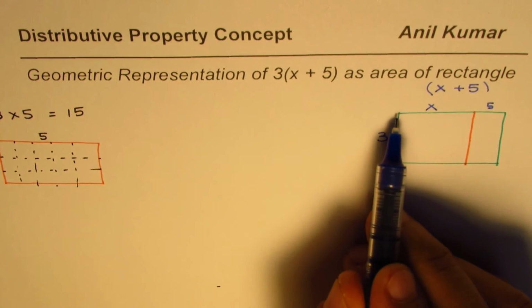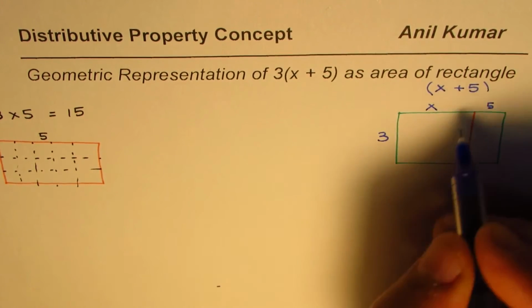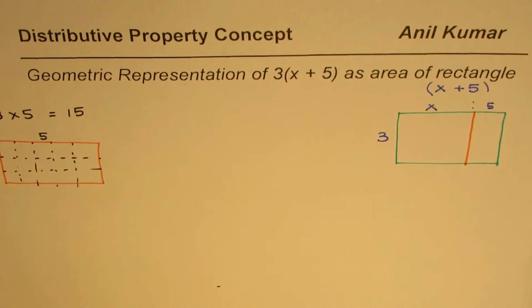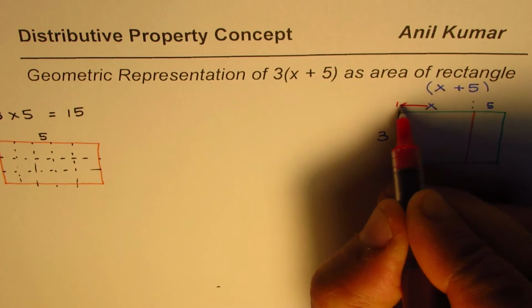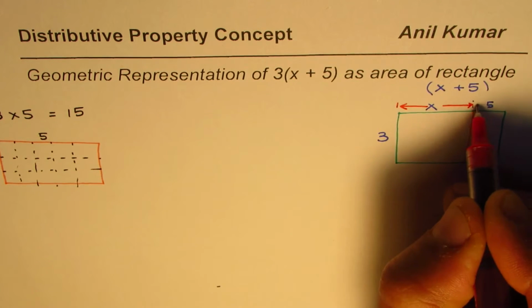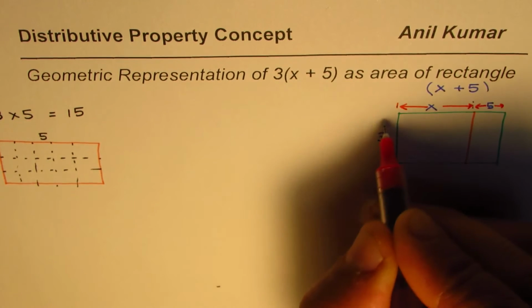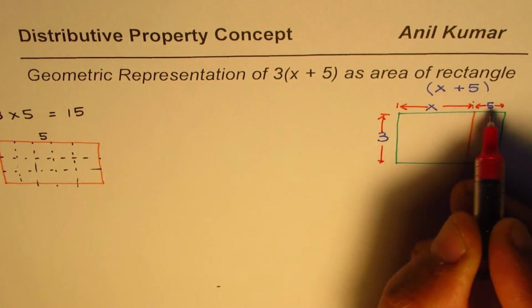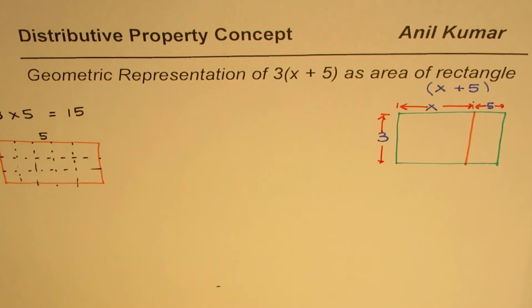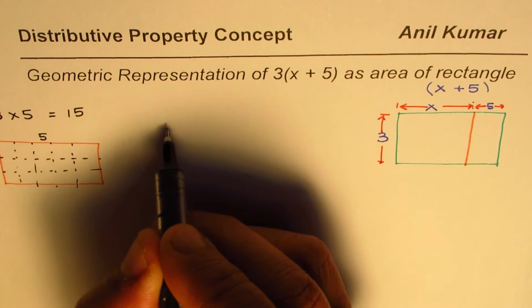So split the length into 2 so that one part of it is represented by the variable x, the other one by the constant 5, correct? So what we have here is another rectangle whose one side is 3 and the other side is x plus 5.